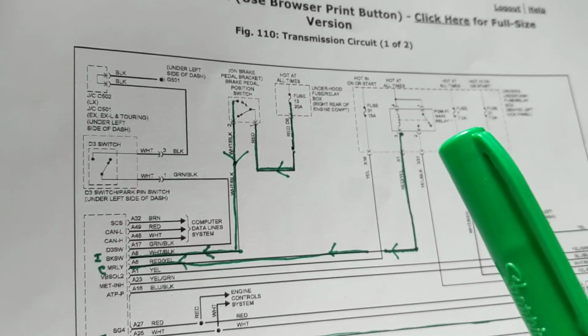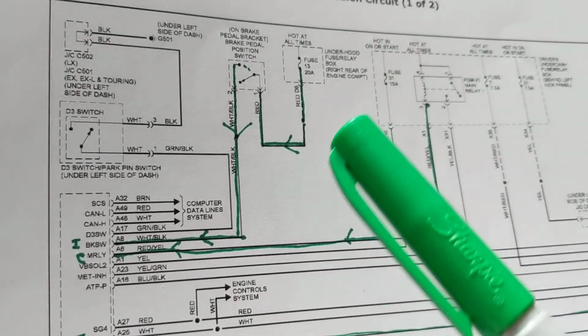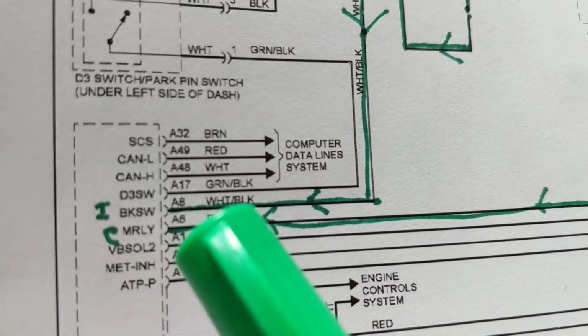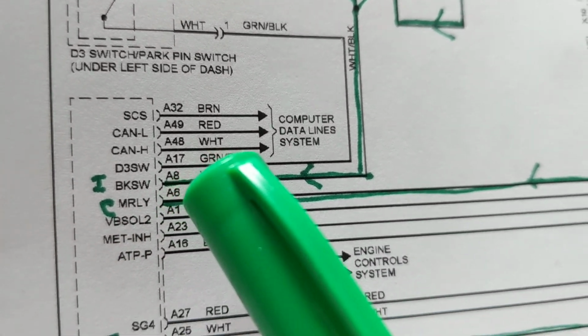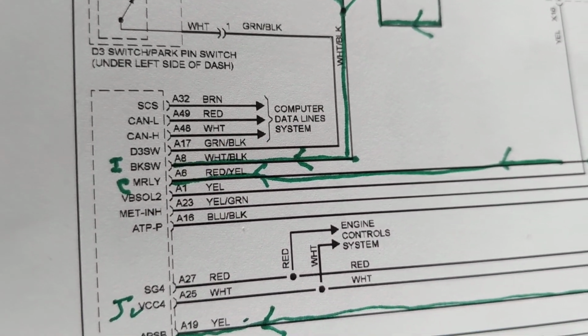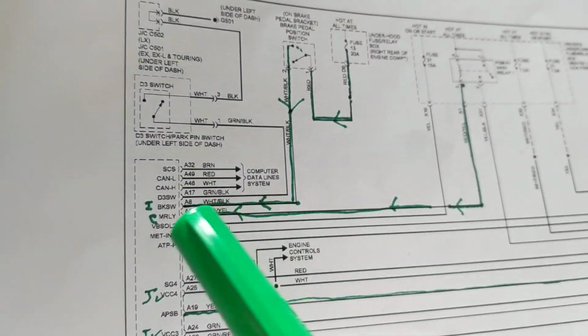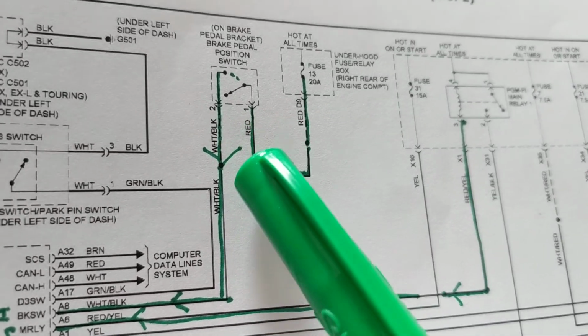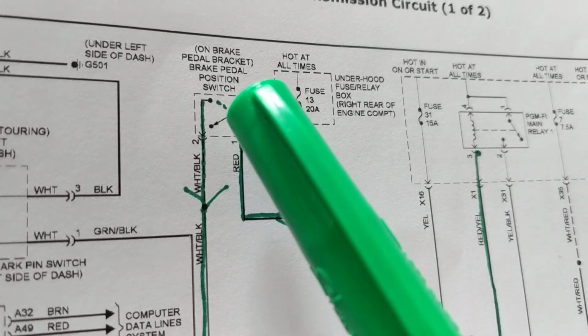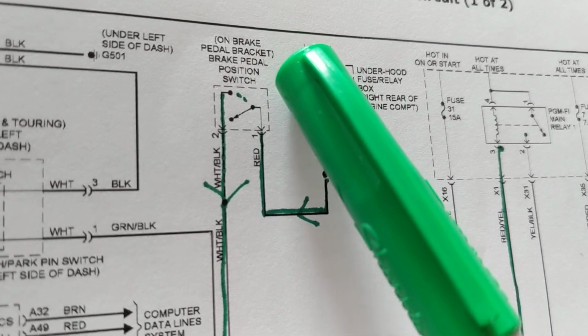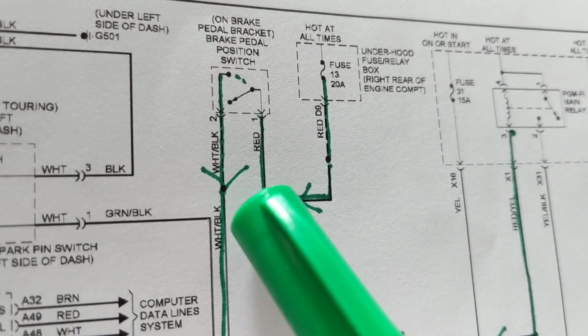Now, let's come back up here. I come over here to this one, BKSW. What does that mean? Many times I also question it. What is that abbreviation for? I come back up here, I see what it's connected to, I follow the line and I say, okay, brake pedal position switch.